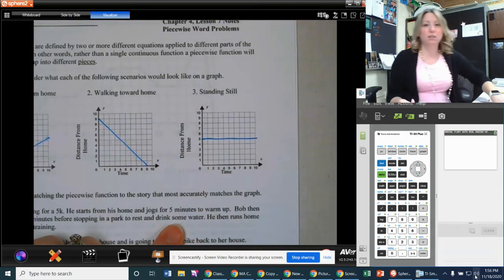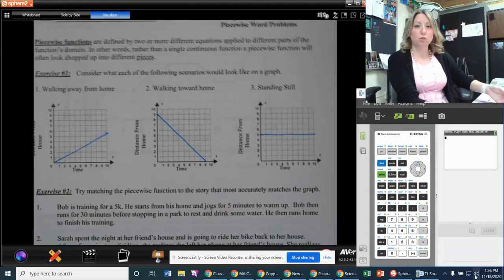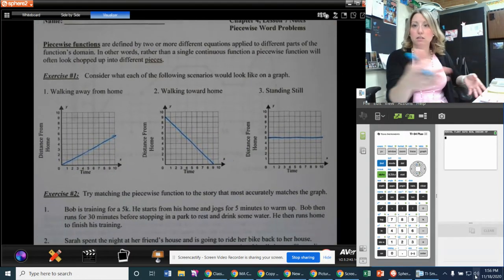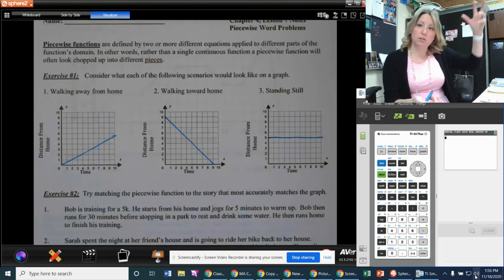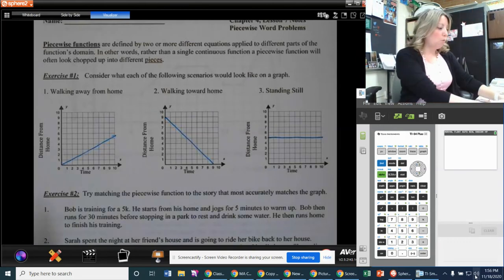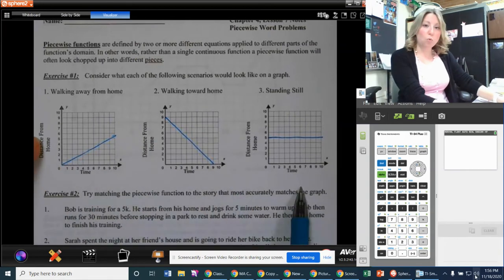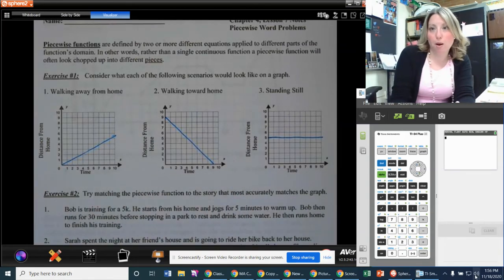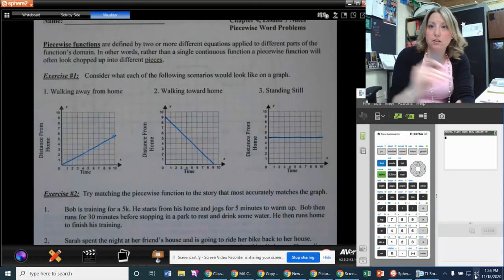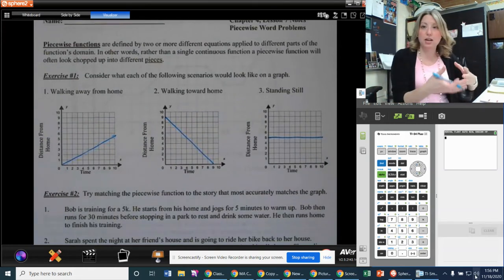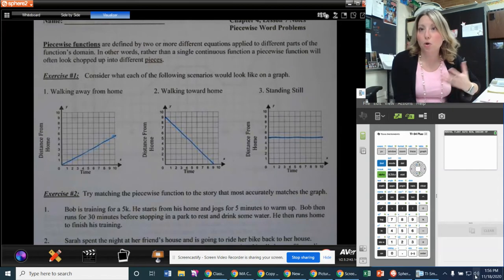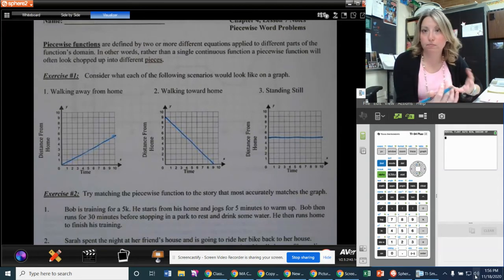That would be a 0 slope. Time is still passing, that's my x, but I'm not changing my distance from home. So we consider what the x and y variables are representing in the pieces that we create. That's part of what you have to be careful of when looking at piecewise functions based on word problems.